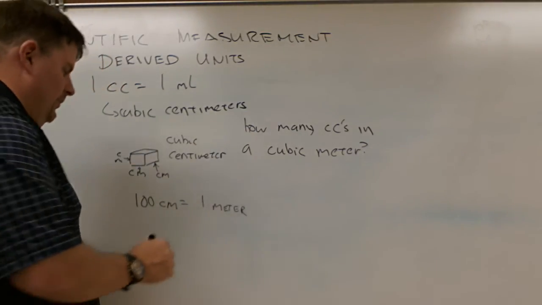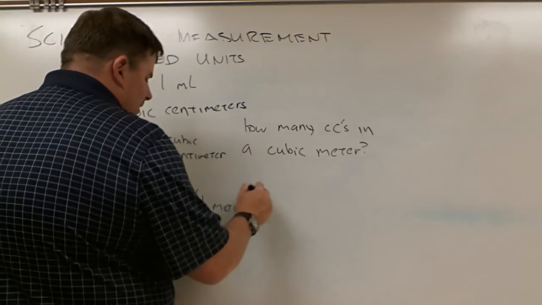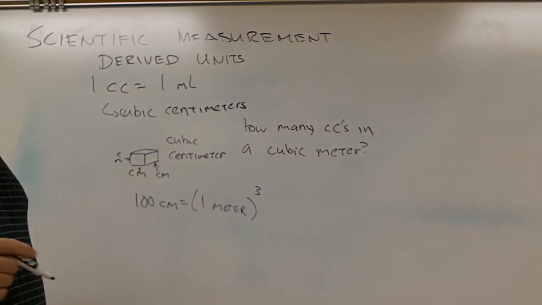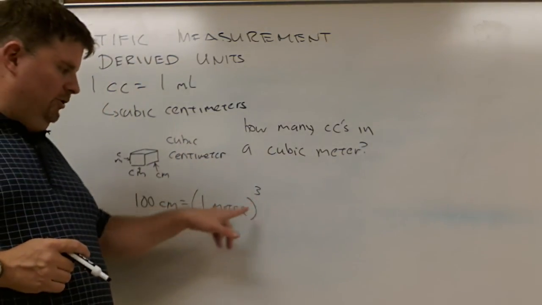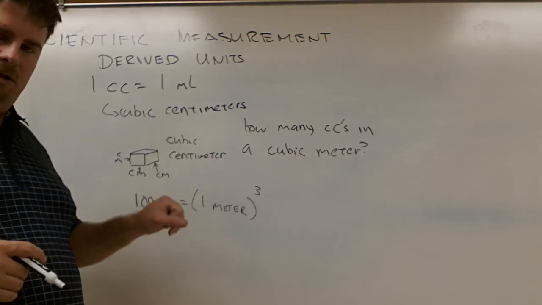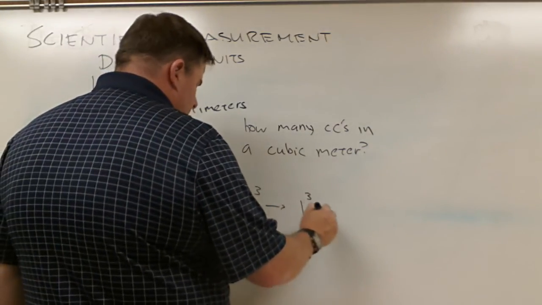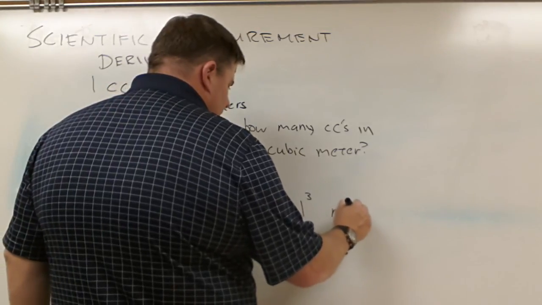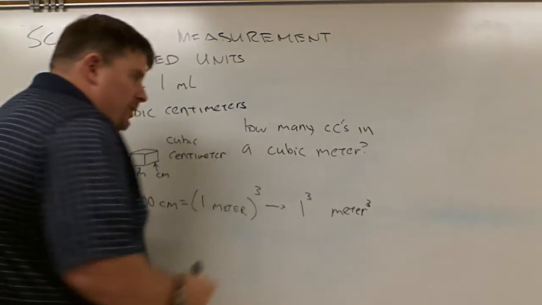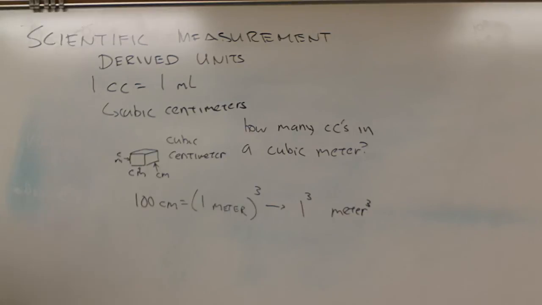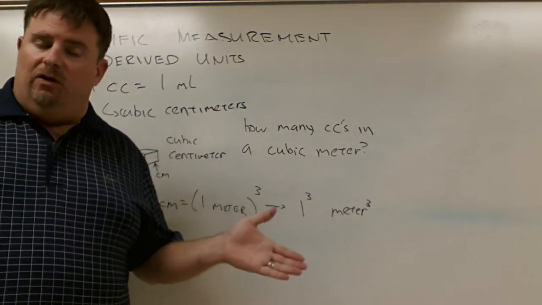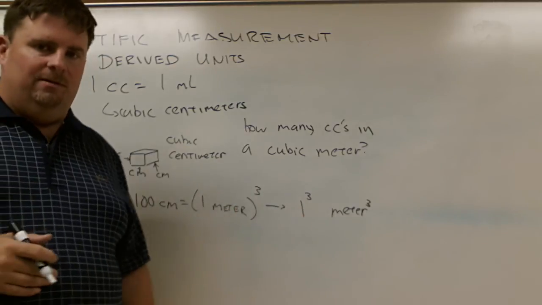So for meter, it's not so bad. I take meter and I cube it. That means I take the cube and I have to apply it to everything on the inside here. So what this now becomes is 1 cubed and meter cubed. Meter cubed being the unit which describes what mathematical function I've got and what this unit is applied to. It's a volume measurement because that's a cubic measurement.